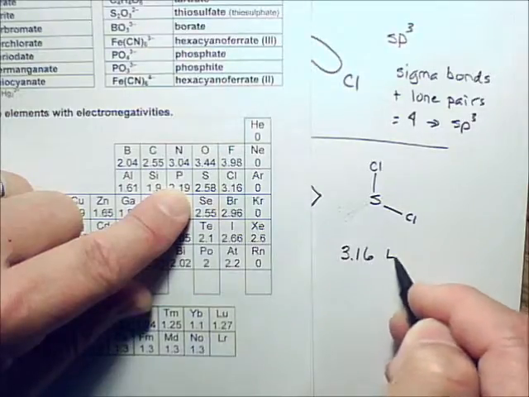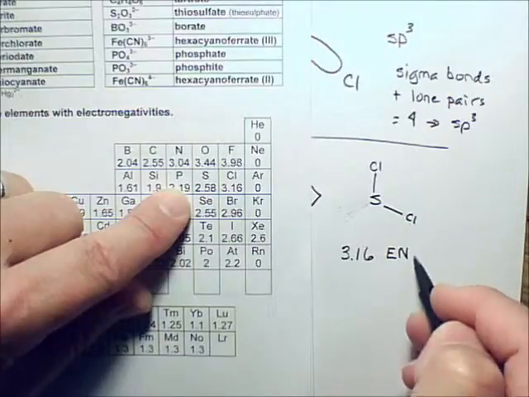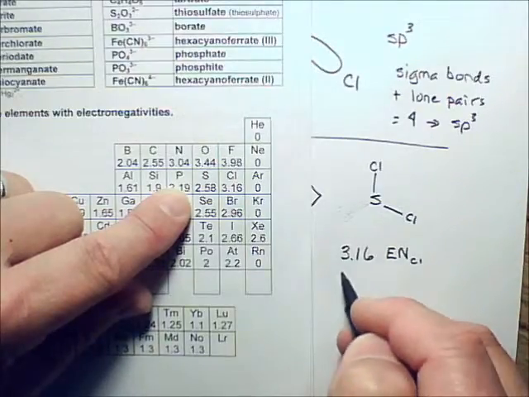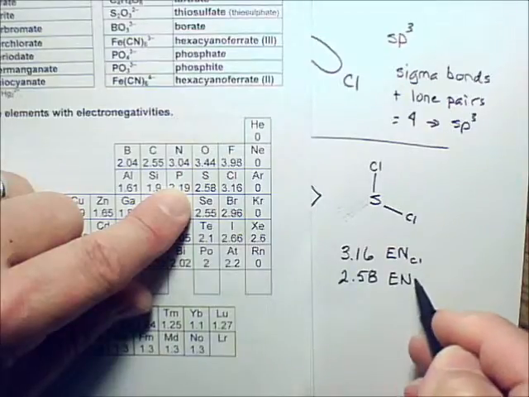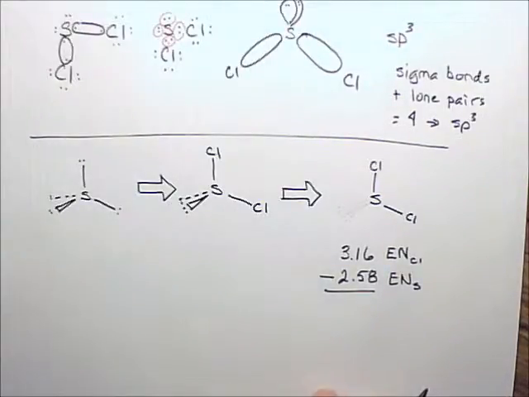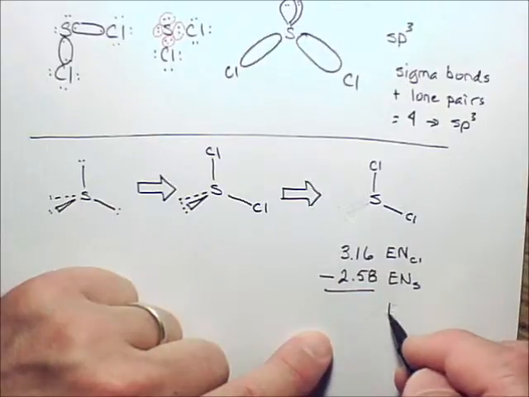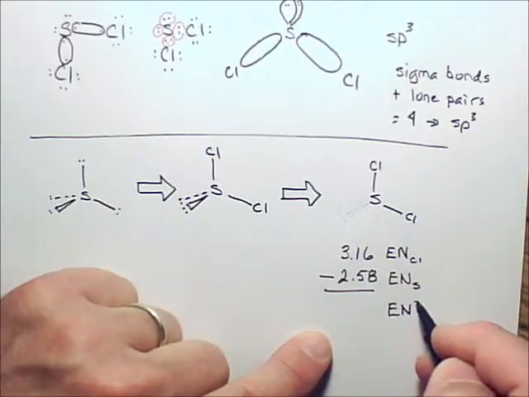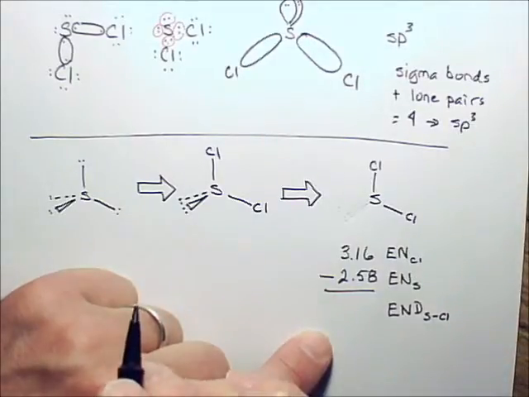So it's 3.16. That's the electronegativity for chlorine, and 2.58 is the electronegativity for sulfur, and I want to subtract to find the electronegativity difference for a bond between sulfur and chlorine, okay?